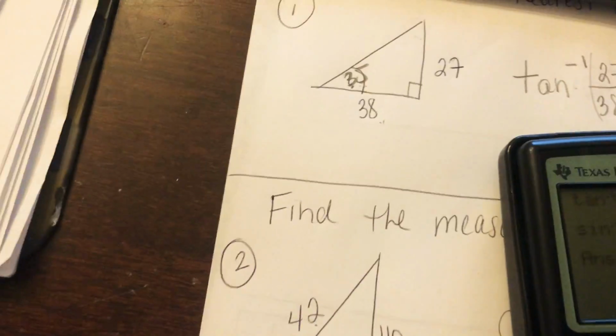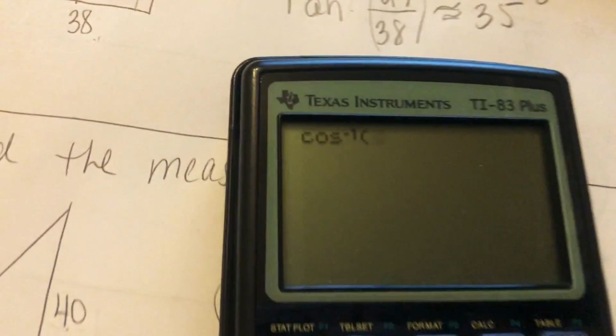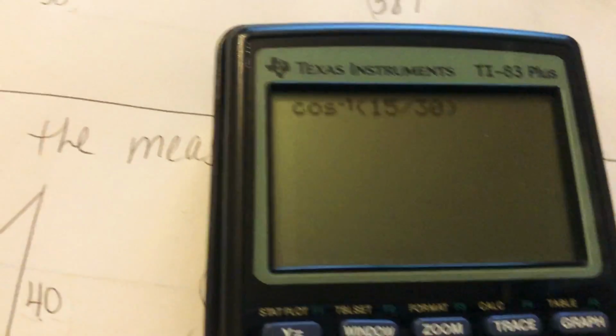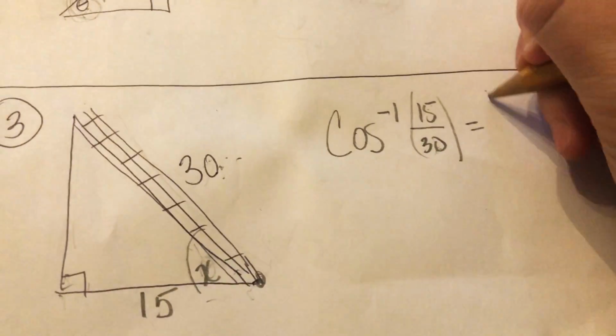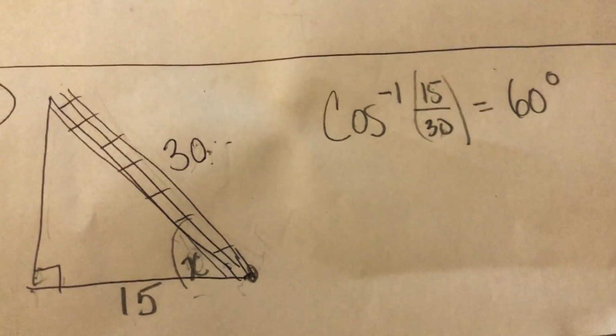Okay, so now I'm going to take my calculator, and I'm going to press second, cosine inverse of 15 over 30 is 60 degrees. Exactly 60 degrees. Okay, so that means this is a 60-degree angle here.